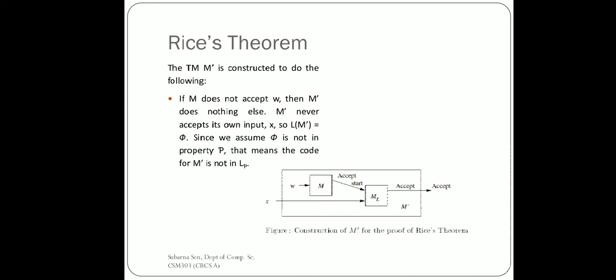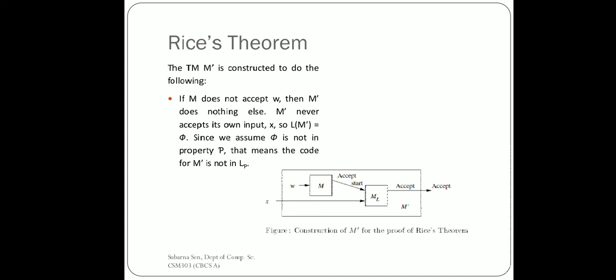So we have assumed the non-trivial property to be that M dash is not going to accept the empty language, but we have proved ourselves false. In this situation, it will accept the empty language. Since it is a non-trivial property, is this a code for LP?